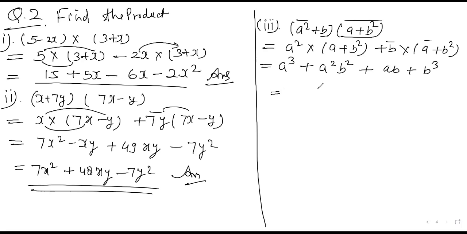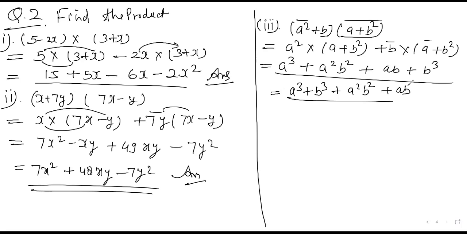You just need to arrange it: a cube plus b cube plus a square b square plus ab. Otherwise, if you write up to here, that will also be the answer, no problem.